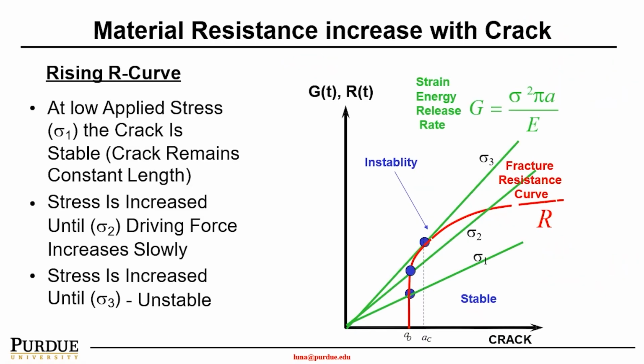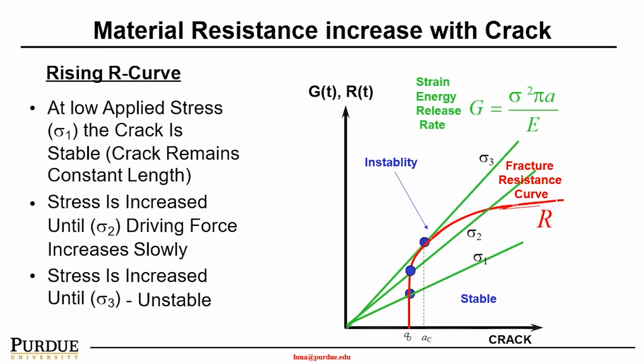So in general, we can think the material resistance will increase with the crack. So in this case, for instance, I can draw the fracture resistance curve by looking at the different strain energy release rate versus the crack length, and I can get this red color curve.